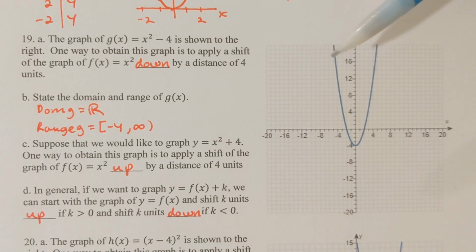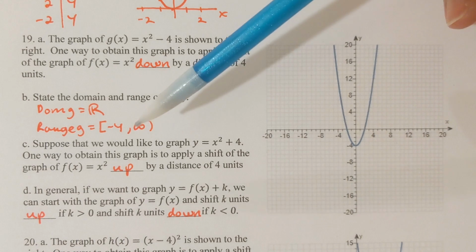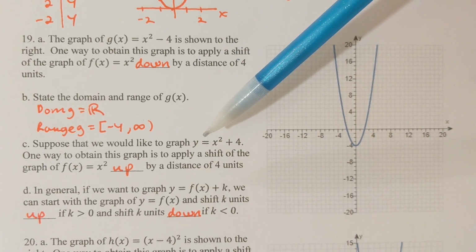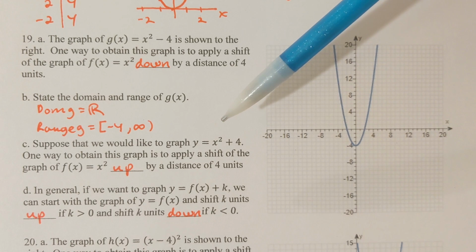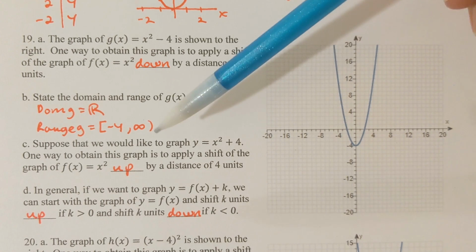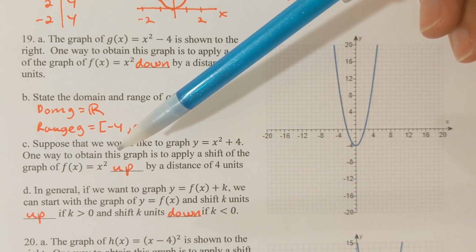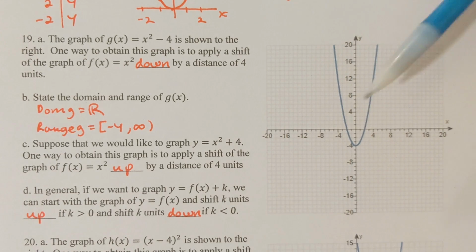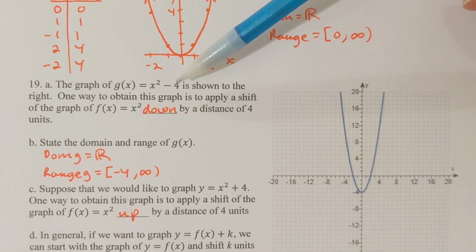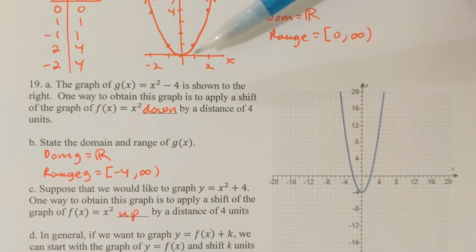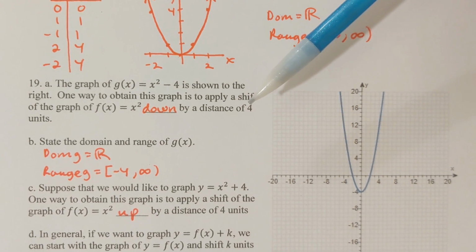Okay, part C. Suppose that we would like to graph the equation y equal x squared plus 4. Okay, one way to obtain this graph would be to apply a shift of the graph of y equal x squared up by a distance of 4 units. Okay, so what caused the graph to go down 4 units? Well, it's the minus 4 that we see, right? If we had a plus 4, it would go up 4 units.